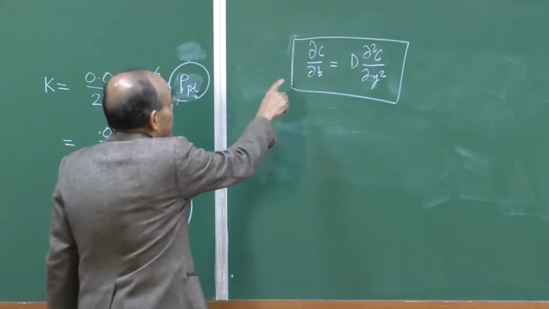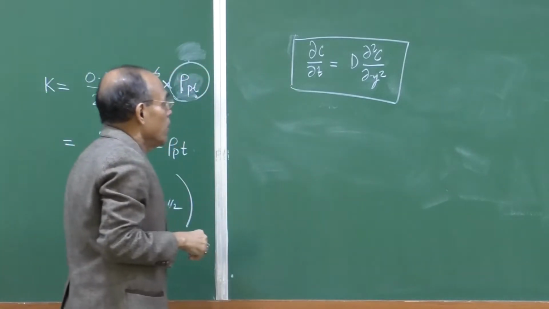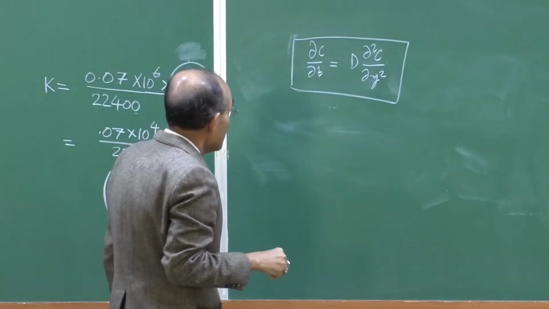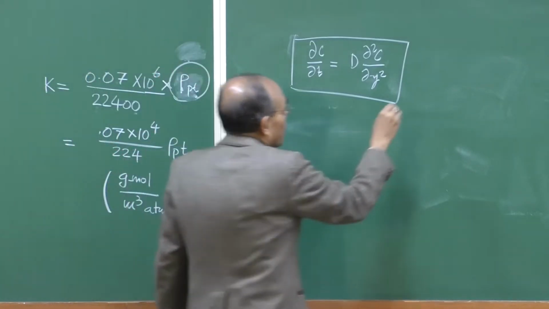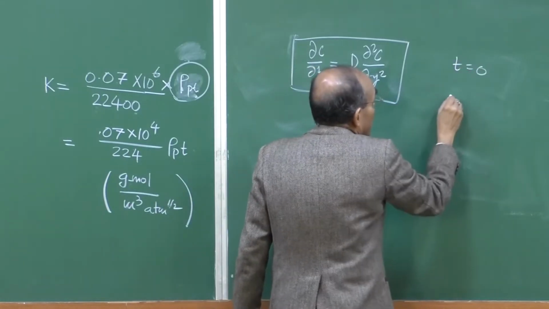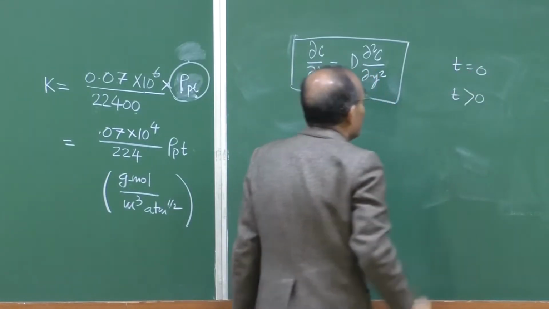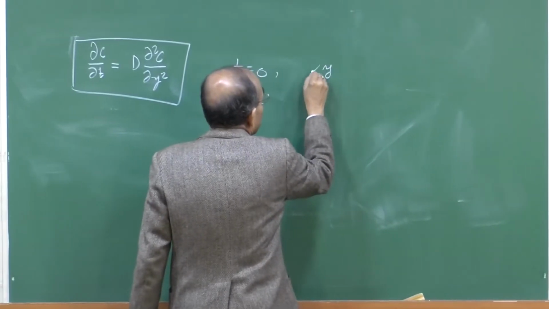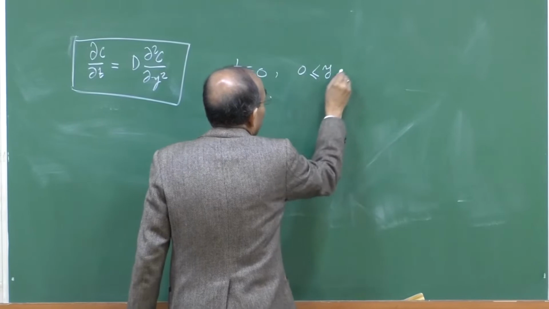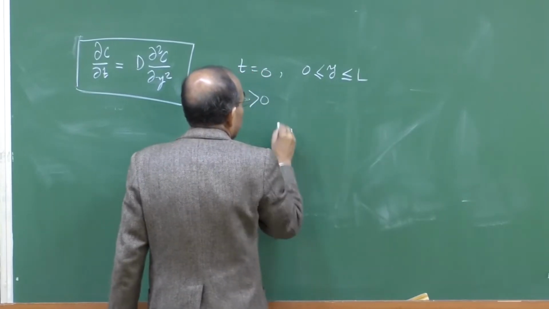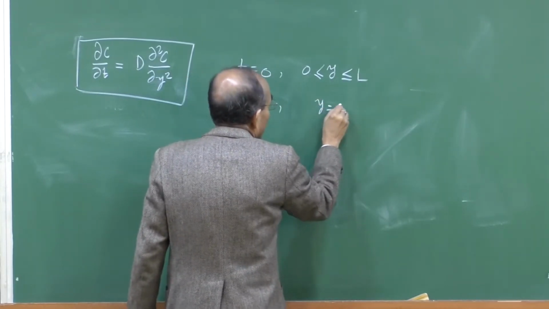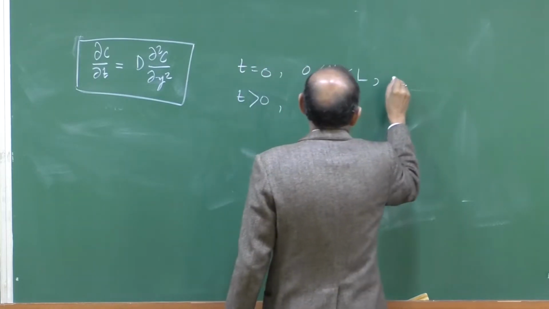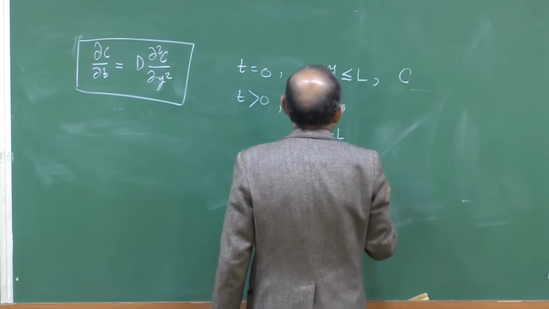Now, once you write this governing equation, you have to specify the boundary condition. So, you have one initial condition and then two boundary conditions. Okay? So, for all values of y, I can say 0 to L, and then at y is equal to 0 and at y is equal to L, what is the value of C? That needs to be specified.